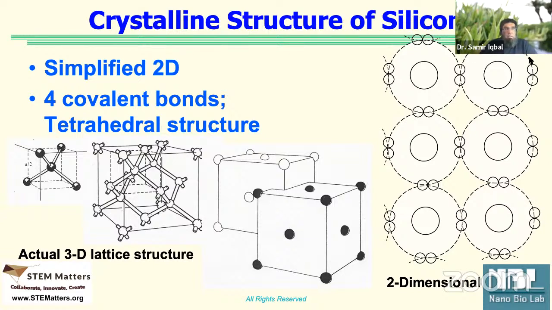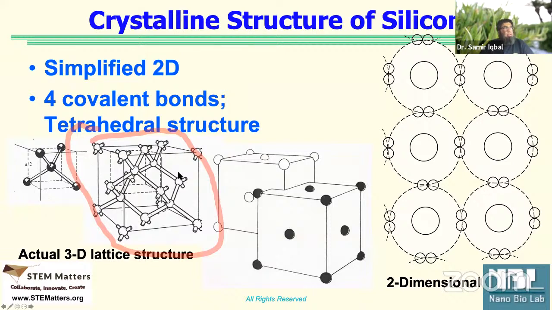So the right-hand side is a 2D picture, simplified, but the left-hand side is a 3D picture of silicon. Now, something you can note here is that each silicon atom has bonds with 4 other silicon atoms.